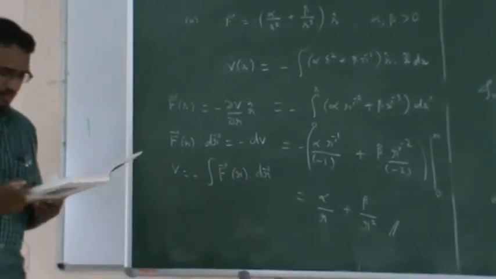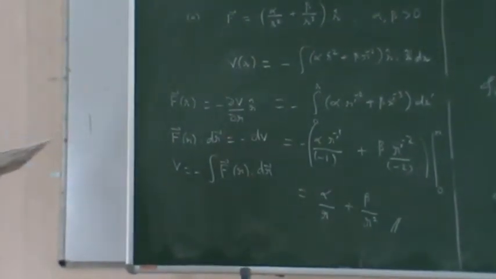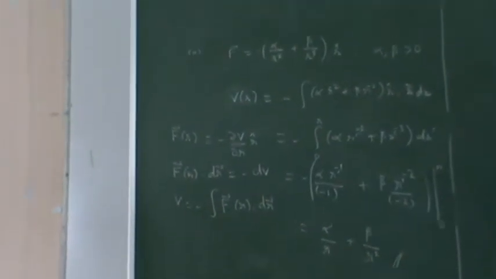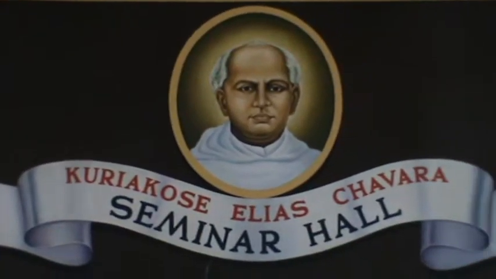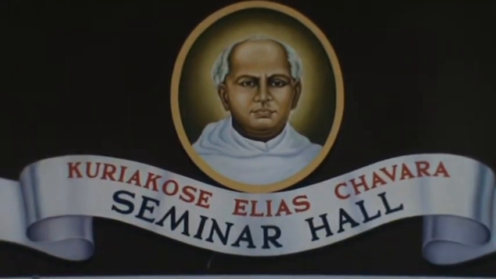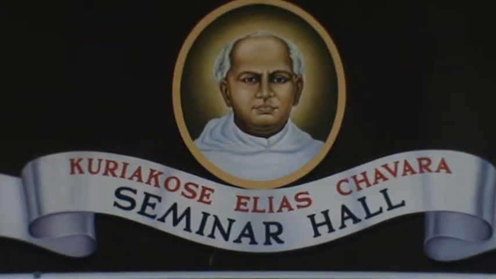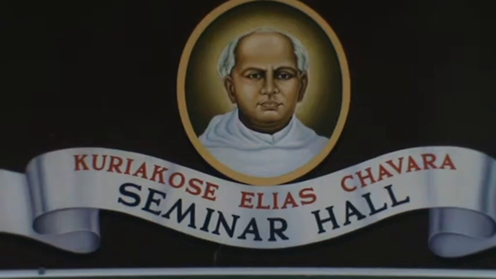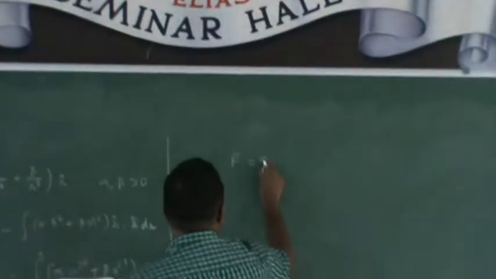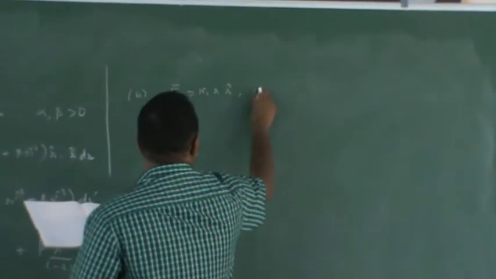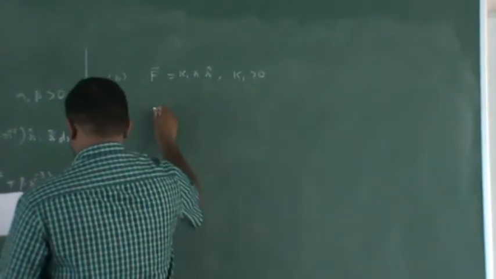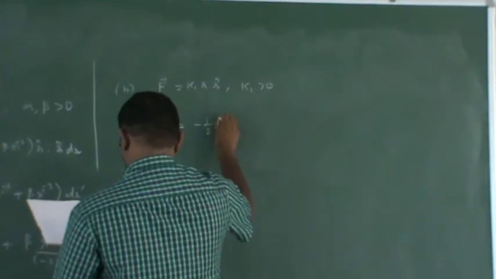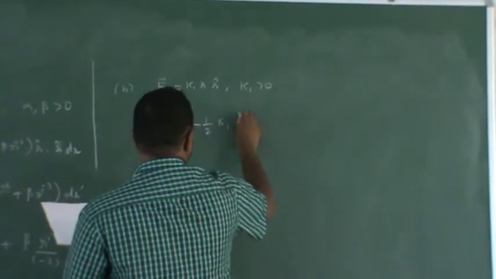Like that, one can compute for the other three forces. The second problem: F is equal to K1 r cap, where K1 is greater than 0. So the potential is minus half K1 r square.